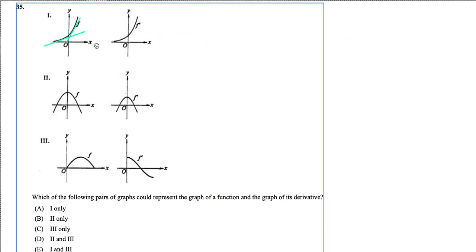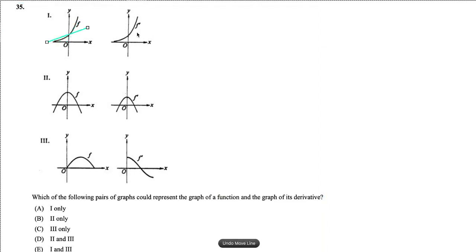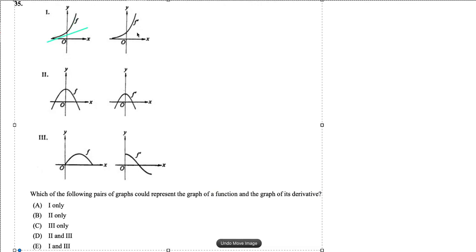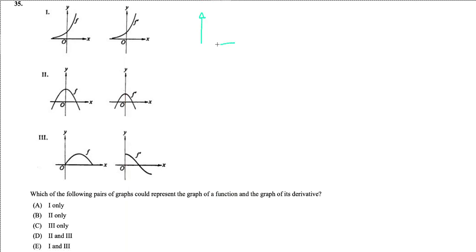Another way you could know that this is f and this is f prime is that you could have a basic idea of what e to the x looks like, because this looks like e to the x, which is its own derivative. So you could know that if f of x is equal to e to the x, it looks something like what you have in that sketch.